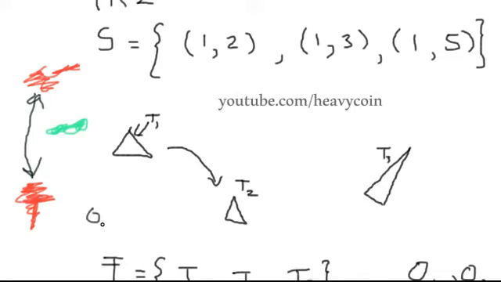Let's say there was an object here and an object over here. And let's say that they were at some particular angle. You could say that object 1 is related to object 2 if object 1 is to the left of object 2 and at some particular angle.